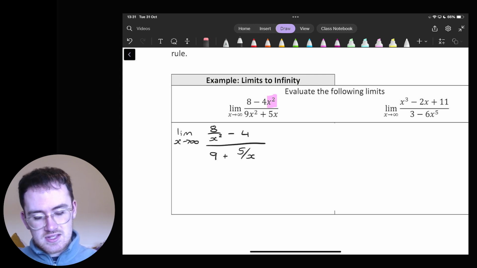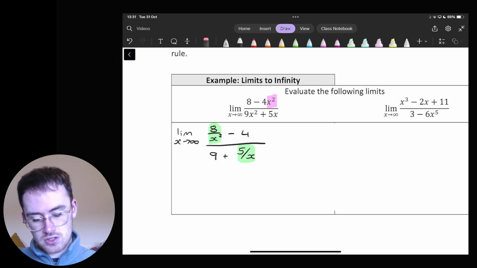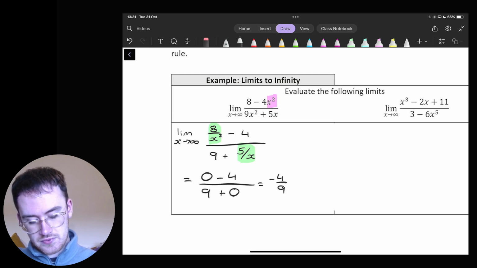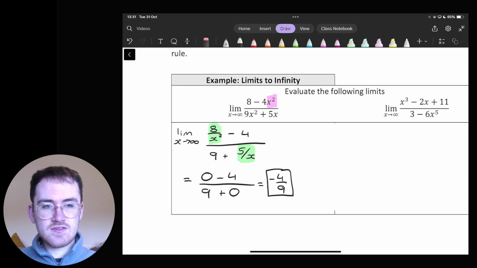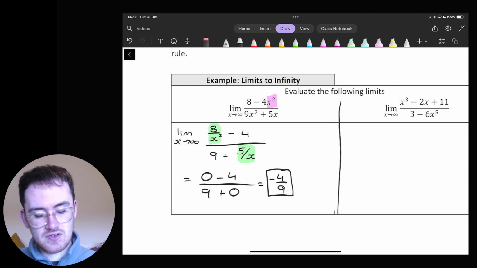If I evaluate the limit now, because this is a fraction and this is a fraction over x, they're both going to go to 0. So evaluated by limit, that goes to 0. The minus 4 stays the same, 9, and this also goes to 0. So I get minus 4 over 9. So as this function, as the inputs get bigger and bigger and bigger, this function tends towards minus 4 over 9. It has a limit of minus 4 over 9.